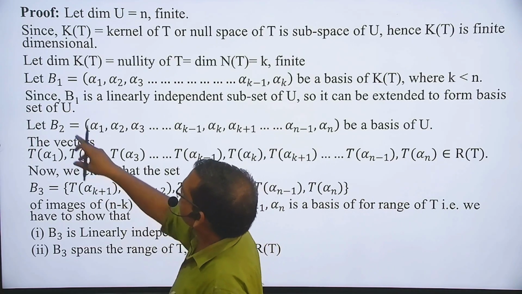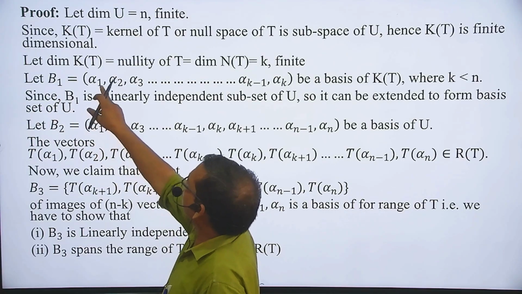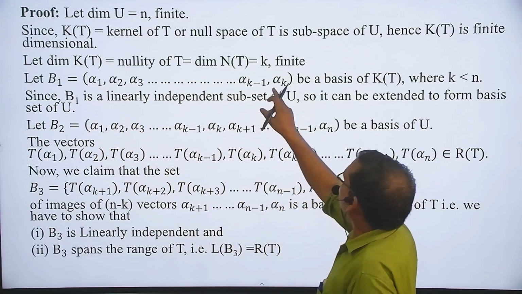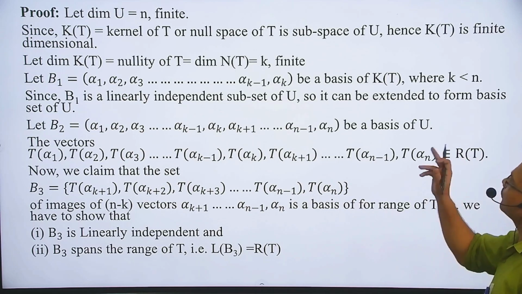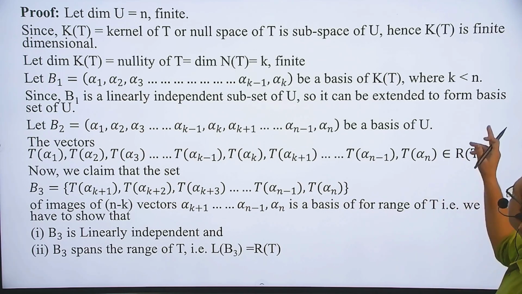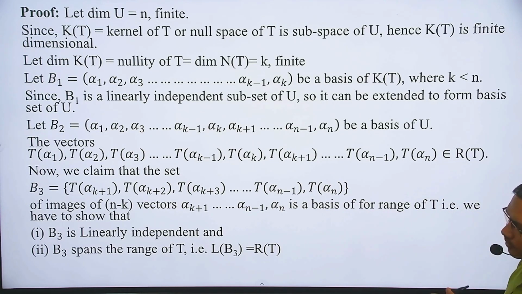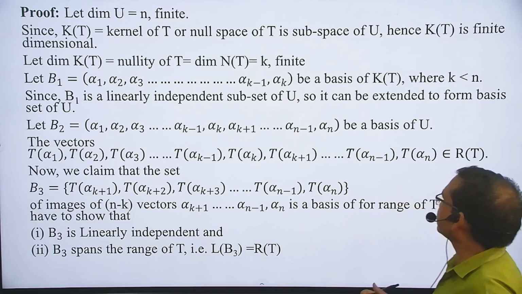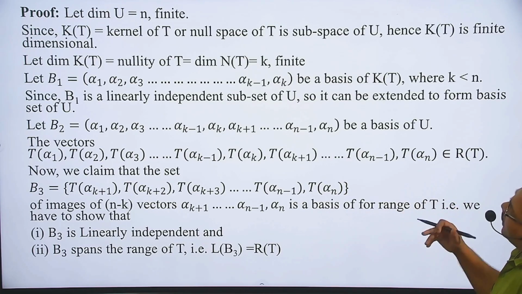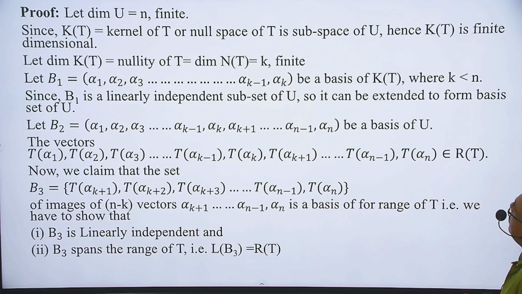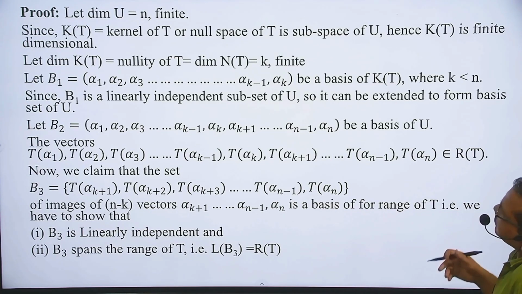On that basis, we take B1 equal to alpha 1, alpha 2, alpha 3, and so on up to alpha k, a basis of the kernel of T, where k is less than n, because the dimension of any subspace is always equal to or less than that of the vector space.